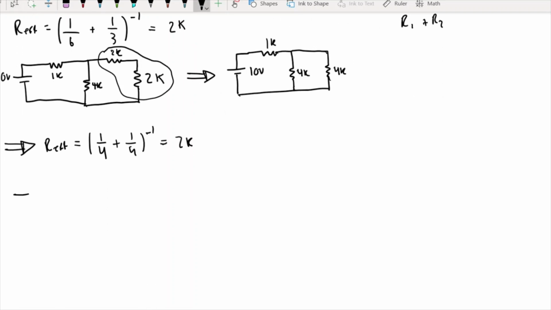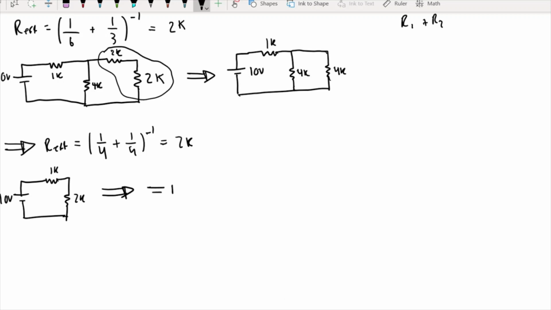Now, we keep doing this process until we get to the very end and we get just one resistor and one voltage source. So we have 1K here and we have 2K here. Now, this is just a simple series circuit like we had above. So we could simply add the 2K and the 1K in series.